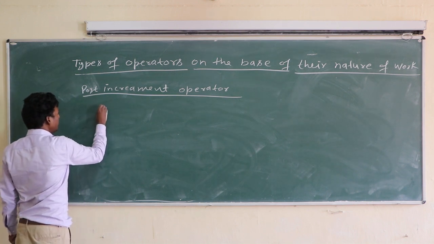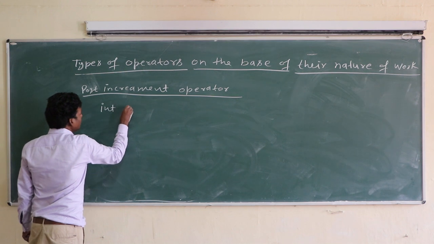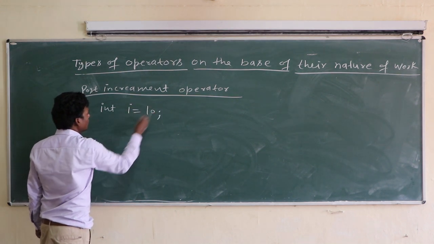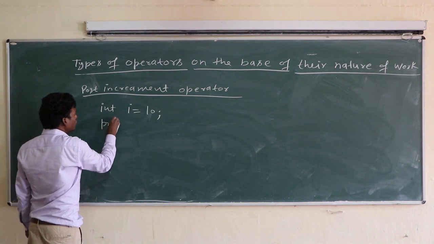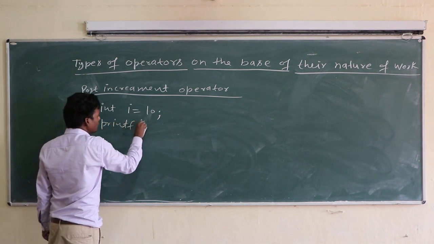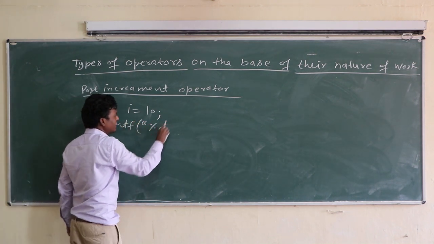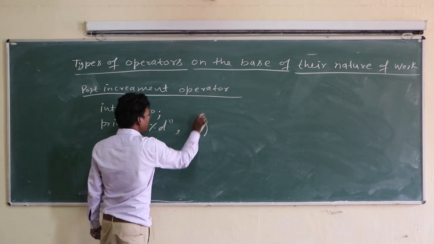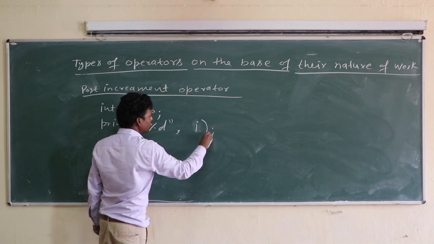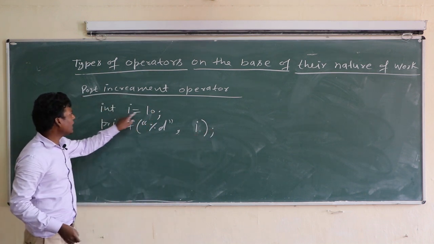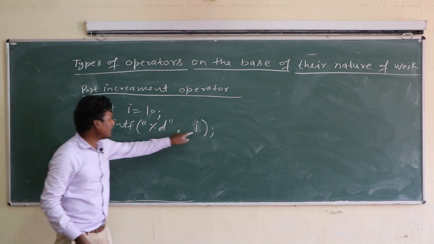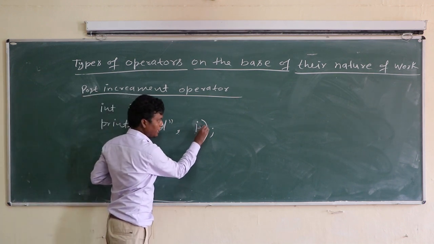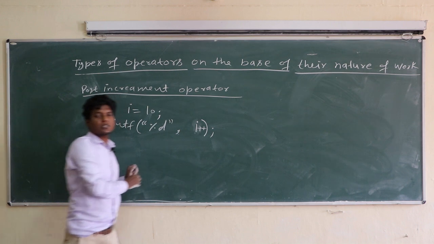Here is an example: int I equal to 10, printf %d I. Here you apply the post-increment operation, I plus plus.